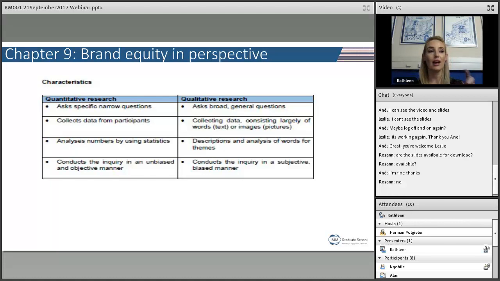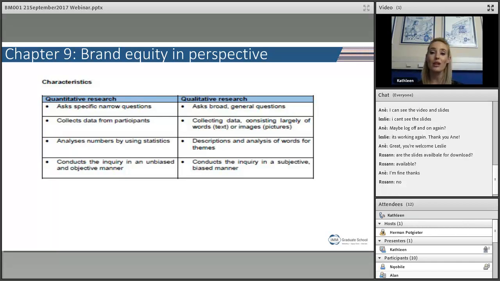You are given a selection of choices that you need to choose from. You will collect data from the participants, and you will analyze the data in a numerical way, generally using stats. And you will then conduct the inquiry in an unbiased and an objective manner, because your focus is on numbers and scientific significance and sound statistical procedures.